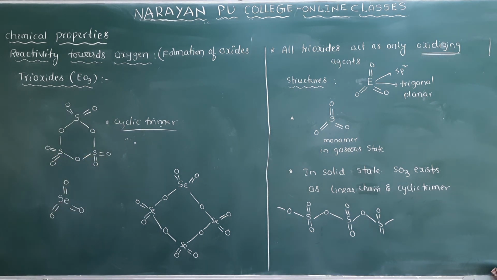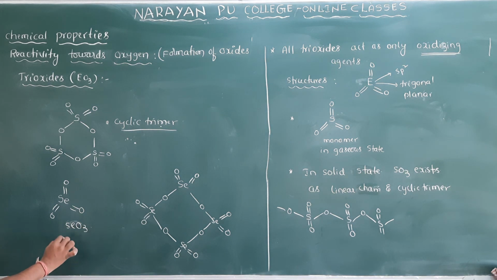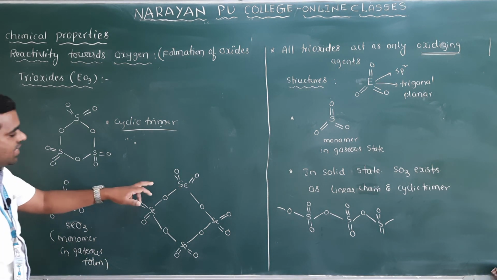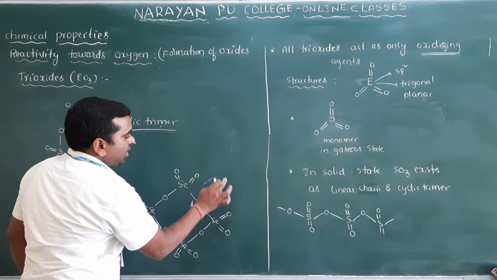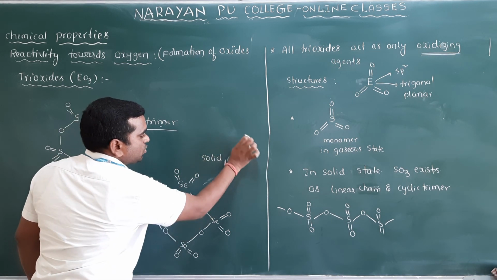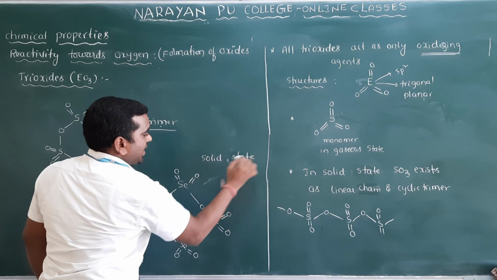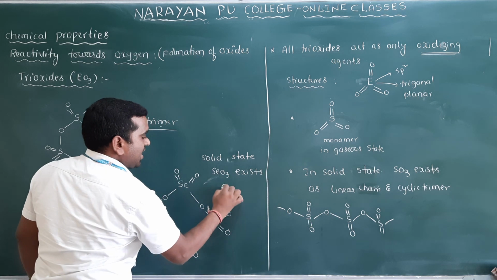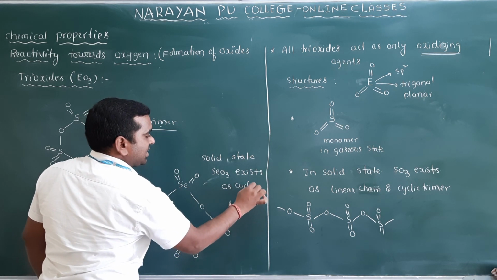SO3 exhibits the cyclic trimer and linear chain forms when it is in the solid state. In the same way, selenium trioxide is a monomer in gaseous form. But in the solid state, SeO3 exists as a cyclic tetramer.